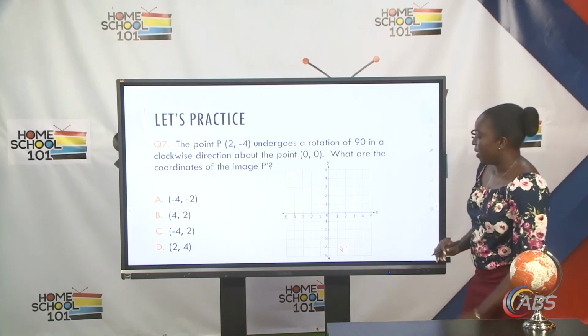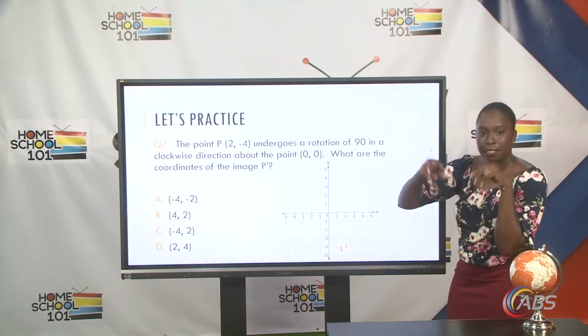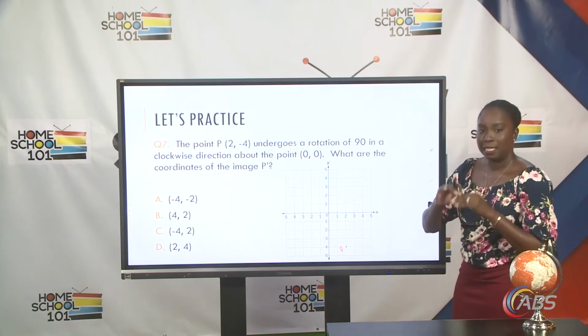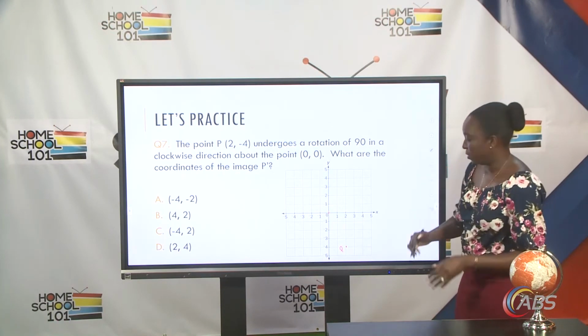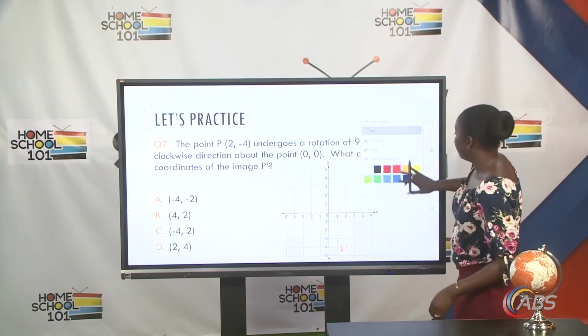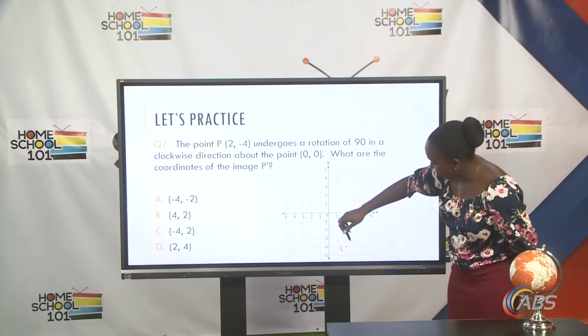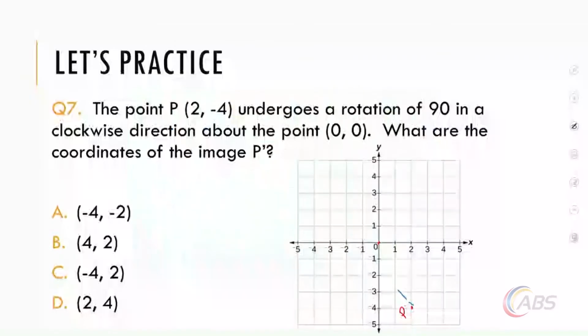So imagine P was attached to some string, and I need to take it 90 degrees. So let me use a different color for a string. We're just going to imagine that.